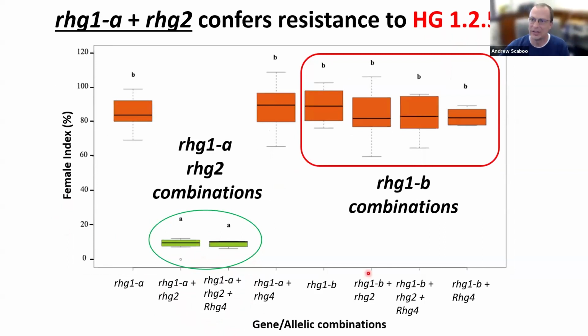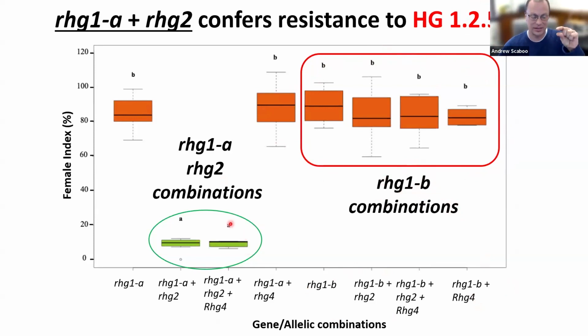For our most virulent nematode populations, that is nematodes that can overcome Peking and can overcome 88788 type resistance, RHG1B combinations are largely ineffective. I know Matt's group and Andrew, there are other genes that we've worked with that can be stacked with RHG1B, but we're just talking about RHG2 and RHG4, and that really has no effect on RHG1B type resistance.